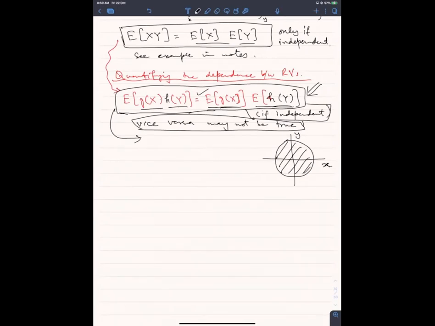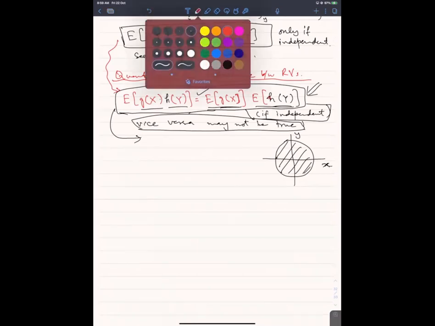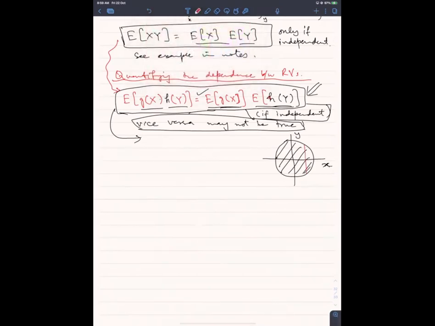Given some fixed value of x, y की जो डिस्ट्रीब्यूशन होगी वो इस लाइन के ऊपर होगी. Another fixed value of x, y की डिस्ट्रीब्यूशन की दूसरी लाइन पे होगी. So you can see कि given some value of x, the distribution of y will change. And that is why there will be a dependence between y and x. Okay?